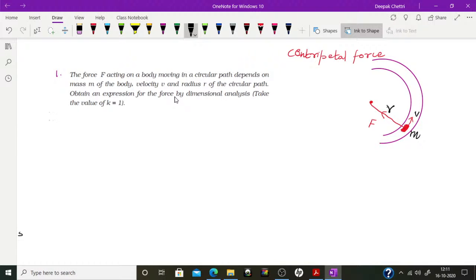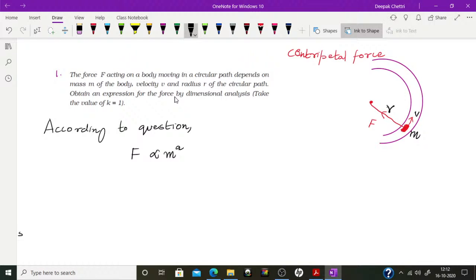So according to the question, the force F, first of all, depends on what? Mass of the body. So we can write it's directly proportional to mass to the power something, let us say that is a. This a can be anything, it can be 1, -1, 2, -2, half, whatever.